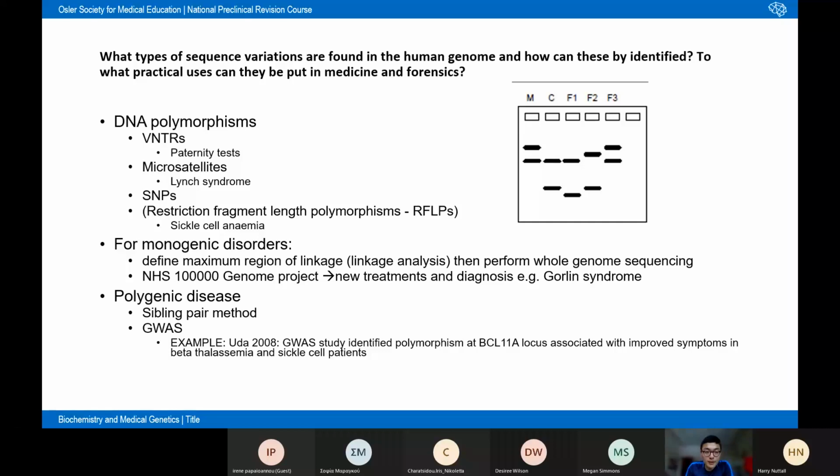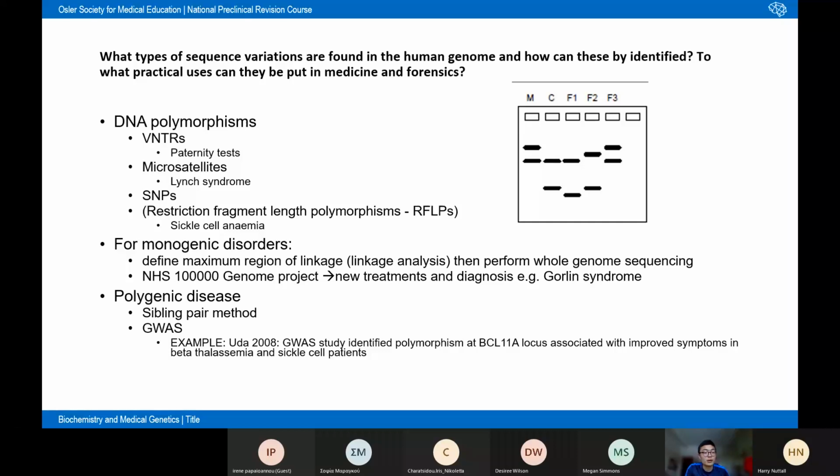This has been especially useful in the context of Gorlin syndrome, which predisposes to skin cancers, and it's been helpful to identify the genes and the mutations involved within such conditions.